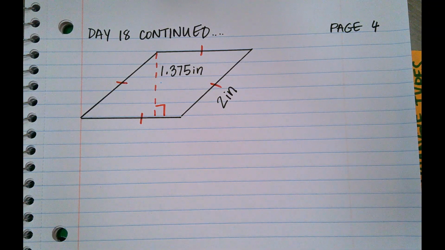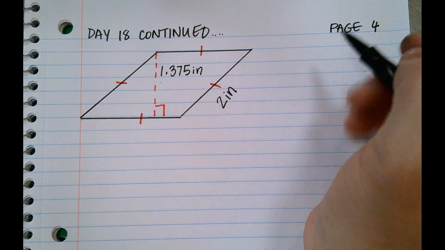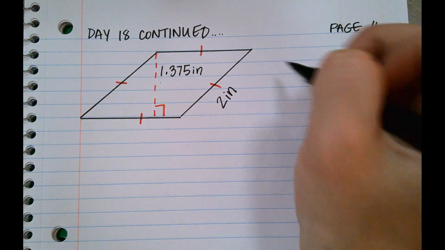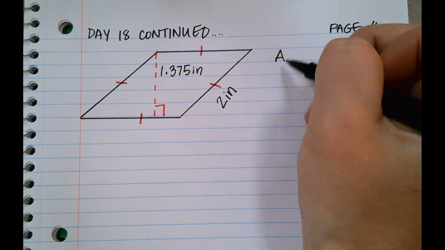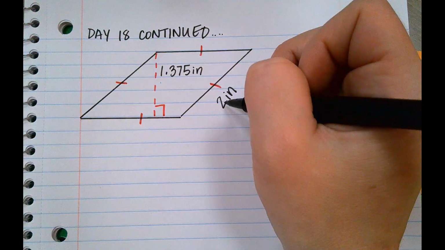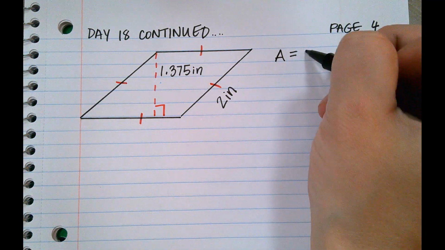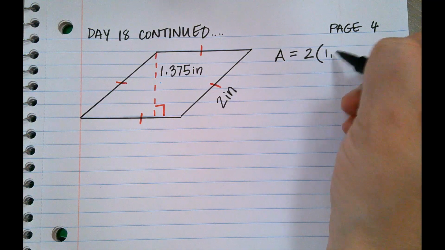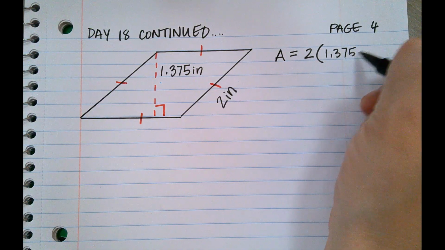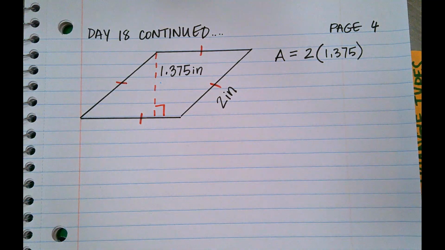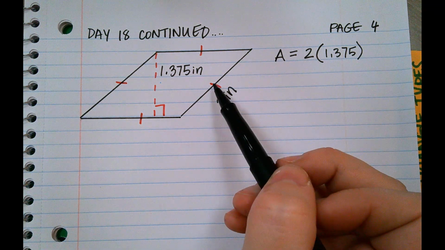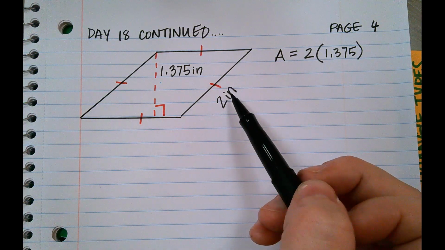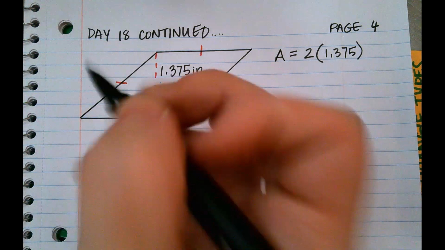How could I find the area and the perimeter? 2 times my height, 1.375. How did you know to use 2 for the base? Because they're all equal, like a square. If my side length is 2 and all the sides are the same, my base must also be 2.